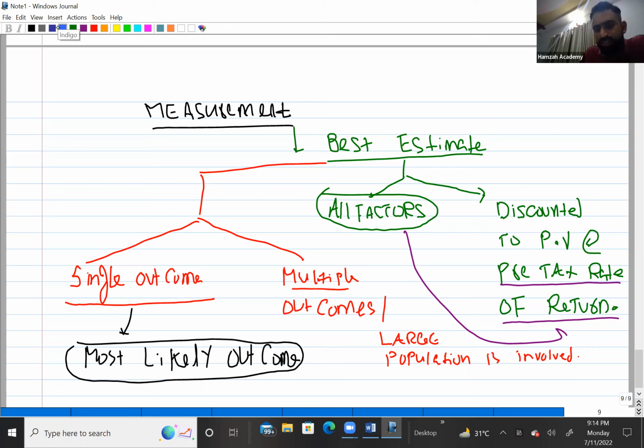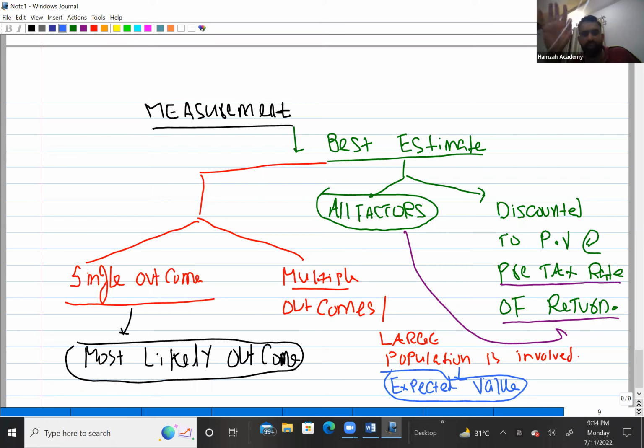If a large population is involved, like a warranty cost, then it will be made at expected value. If a single outcome is involved, then the most likely outcome. But all the factors will be considered, whether it is a single outcome or multiple outcomes, and discounting will be done at a pre-tax rate of return if the time value of money is material.